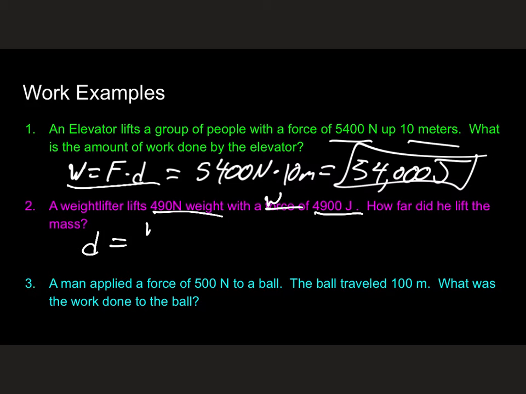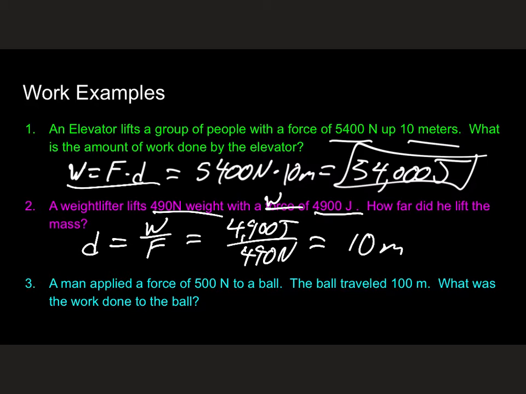And remember, I already told you that's just work divided by force. Now I can plug in my values. 4,900 joules divided by 490 newtons is going to give me basically 10 meters, because remember, that's what distance is measured in. All right, so not too bad.